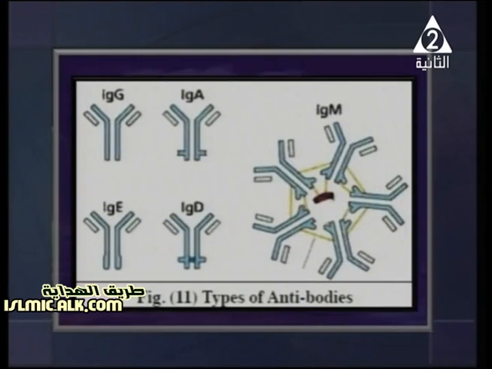And these are the types of antibodies that we have, such as IgG, IgA, IgE, and D, and the other picture shows us how they are recognized.